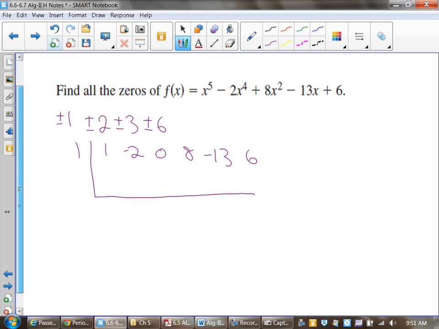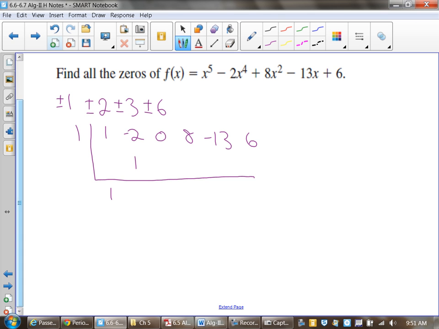No. I'm a creature of habit. Hey! Oh my goodness. We found a zero. All right. So we found a zero. I know I have a zero at positive 1.